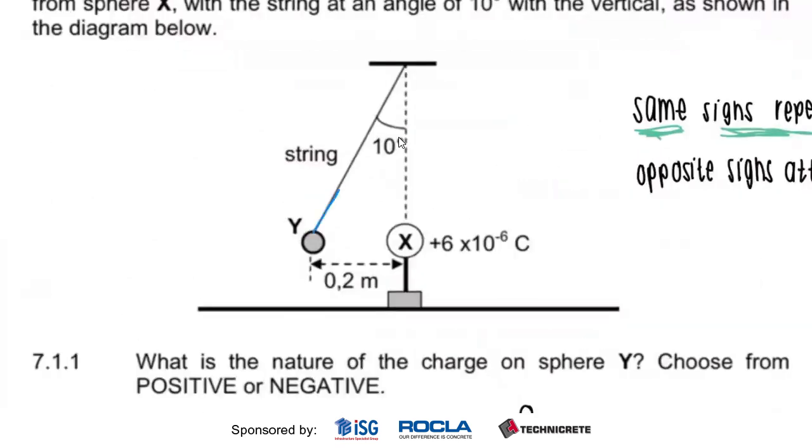So we can say that it's been held up by tension, right? It's being pulled up. It's overcoming gravity by the tension. So we mustn't forget we've got gravity pulling it down. Force of gravity pulling it down.